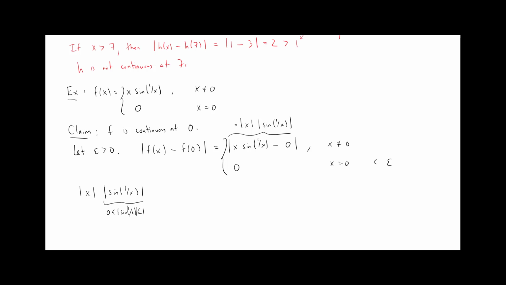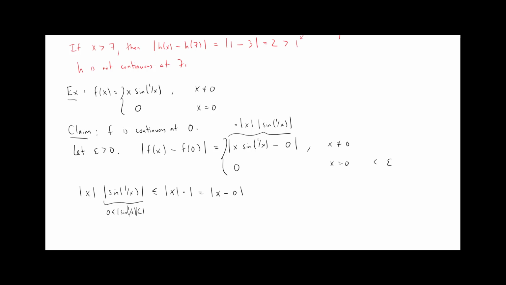Absolute value gets rid of all the negatives, makes them all positive. So this tells me that this absolute value is less than or equal to 1. And therefore, the absolute value of x times this absolute value of sine will be less than or equal to the absolute value of x times 1, which is just the absolute value of x. But let me rewrite it slightly as the absolute value of x minus 0.